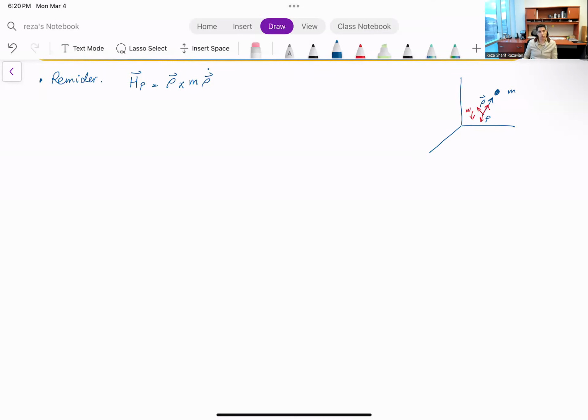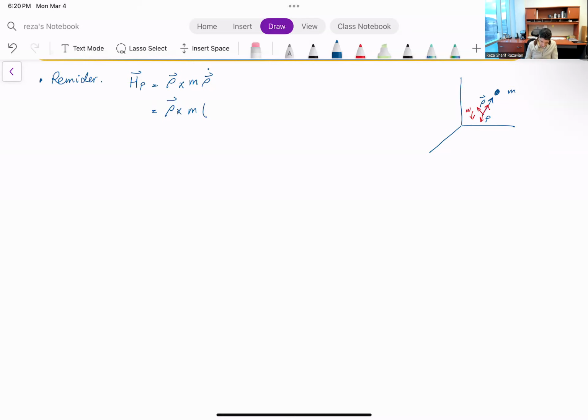So in this local frame that is moving, the red one, what I can do is write this as rho cross m times rho dot.